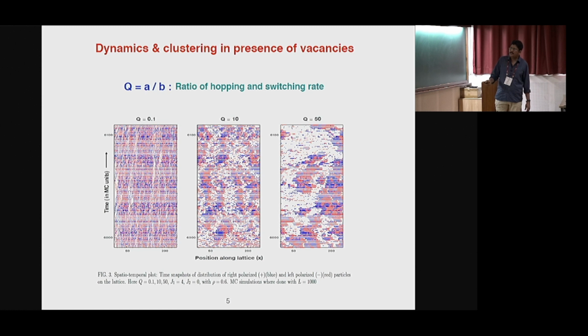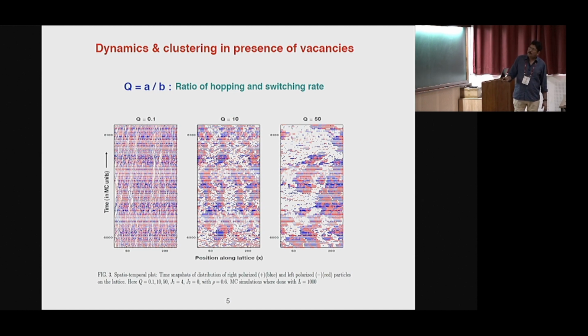So this direction is along the lattice. The blue and the red particles just correspond to the polarity of the individual particles, and this is along the time axis. What you see here are the steady state configurations. As you increase Q, that means if you increase the ratio of the hopping to switching rate, you have a tendency of the cluster size being larger, which you can clearly see.